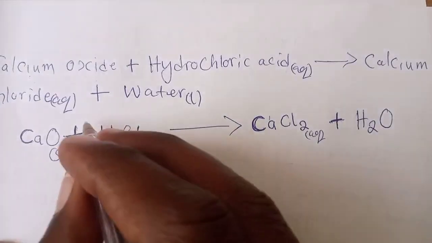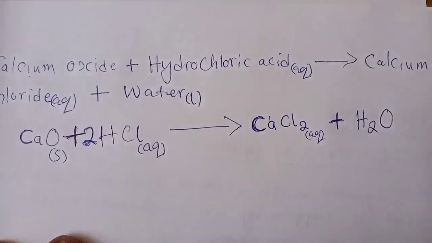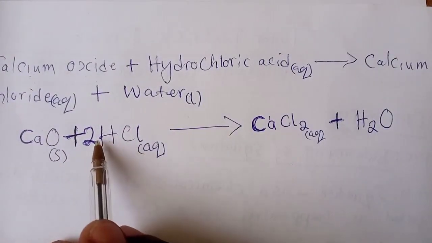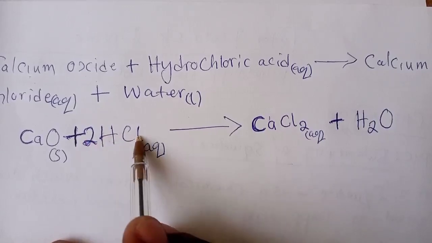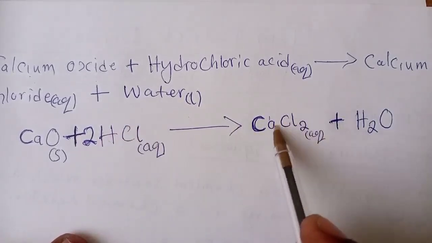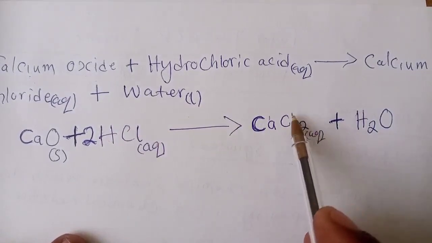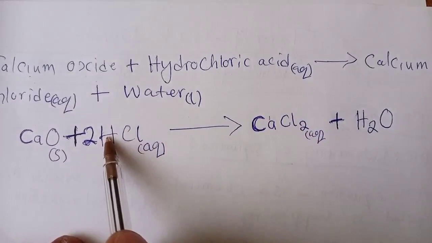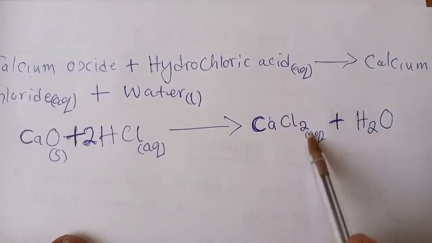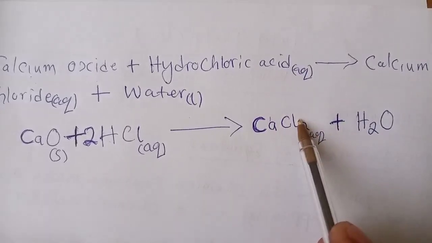We said that you add the 2 here as a coefficient, meaning that this is multiplied by this one, so there are 2 hydrogen and 2 chlorines. If you check chlorine here, we have 2, and this side we have 2. So the equation is now balanced.